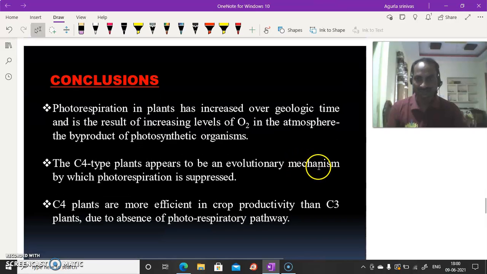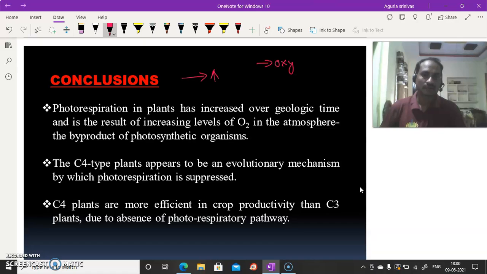Here is the conclusion. Photorespiration in plants has increased over geological time. During the primitive atmosphere there was no oxygen, but as oxygenic photosynthesis started, oxygen concentration built up and it converted to an oxidized environment.